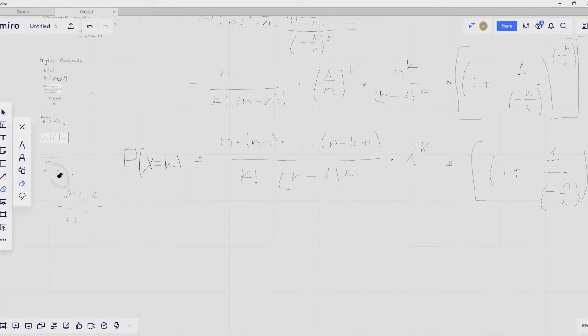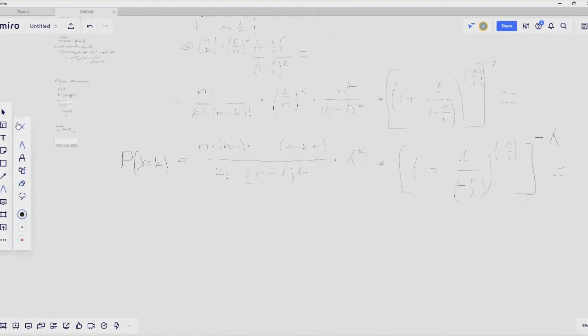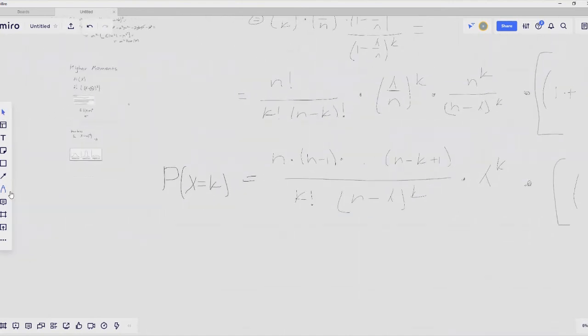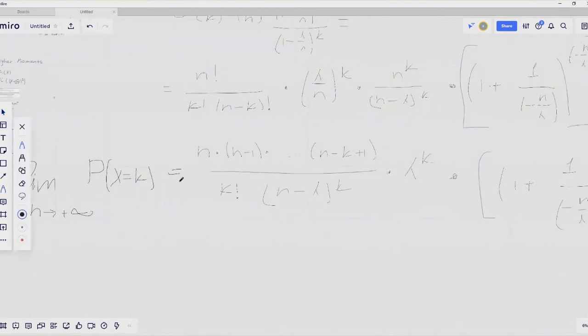We are going to take a limit from both sides as n is approaching plus infinity. So I said that we want this n to be as large as possible. So let's take a limit as n is approaching plus infinity from both sides, and let's see what's going to happen.